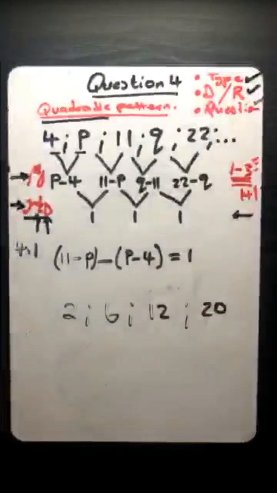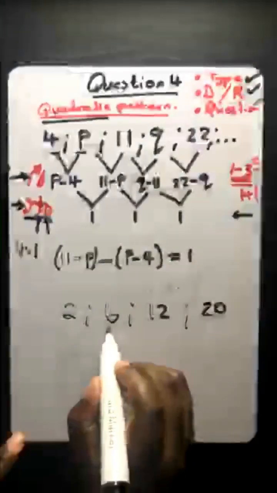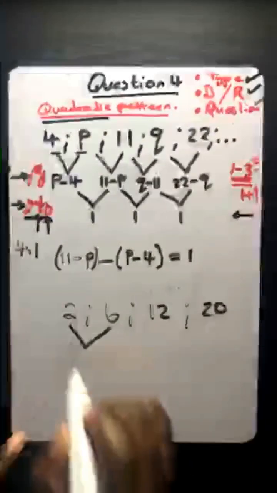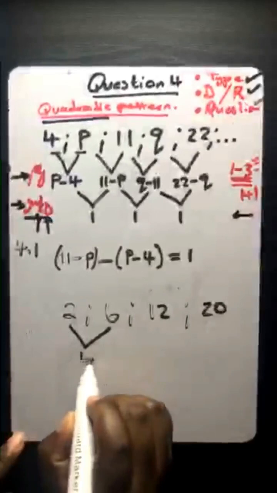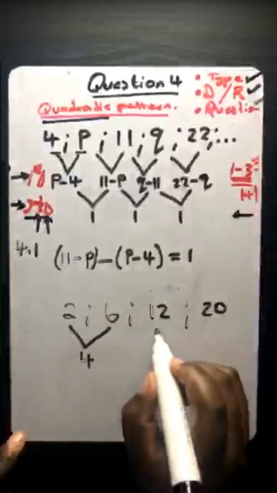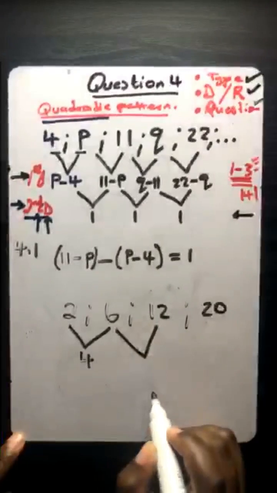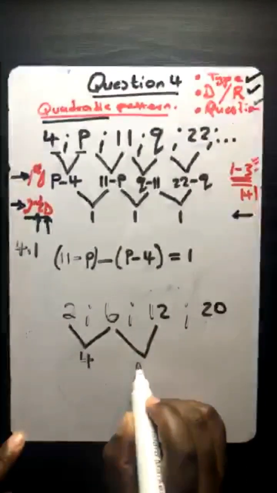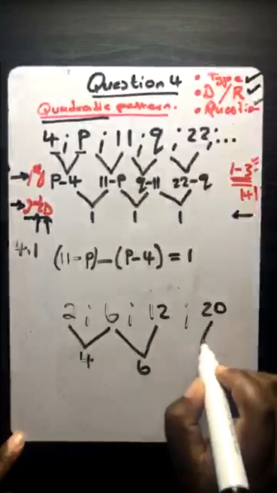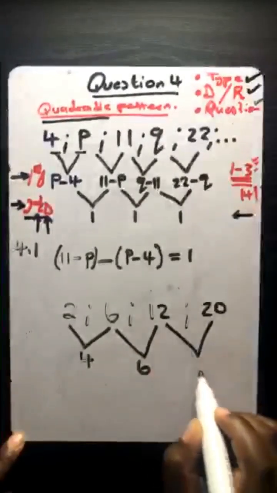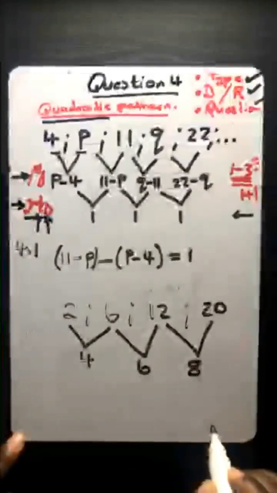So what is 6 minus 2? Is it not 4? Yes, it's 4. What is 12 minus 6? It's 6. What is 20 minus 12? Is it not 8? Yes, it is 8.